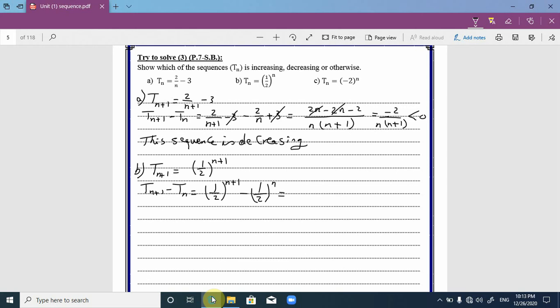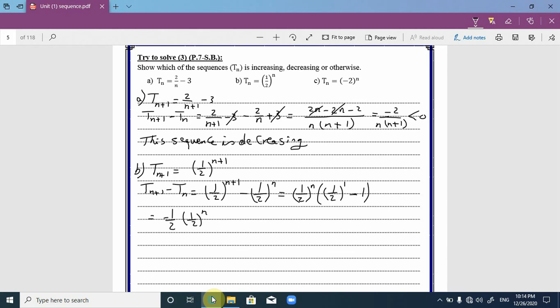Taking 1 over 2 to the power n as a common factor, the result will be 1 over 2 minus 1, which equals negative half. So the result is negative half times 1 over 2 to the power n.